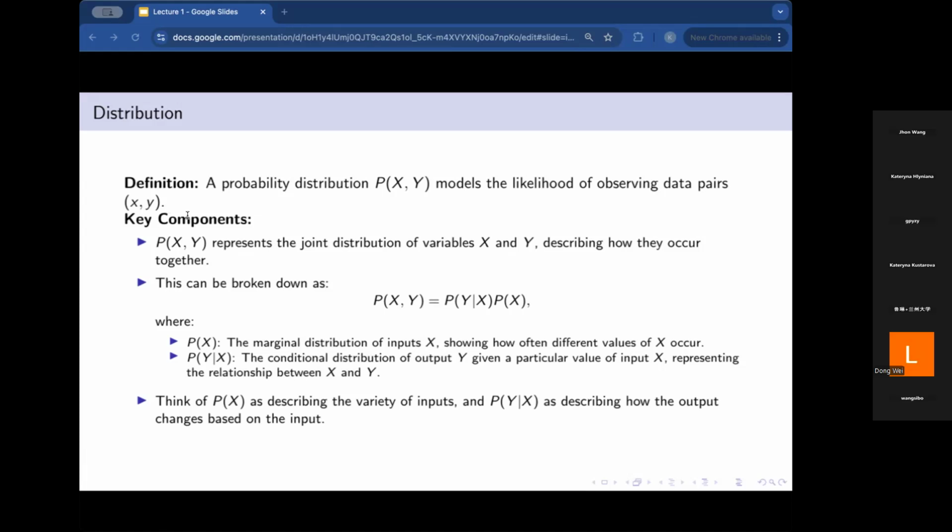Next, probability of Y given X represents the conditional distribution of the output Y given a particular value of the input X. This tells us about the relationship between X and Y, showing how Y changes when we know the value of X. A helpful way to think about this is that probability of X describes the variety of inputs we might observe, and the probability of Y given X tells us how the output changes based on these inputs.